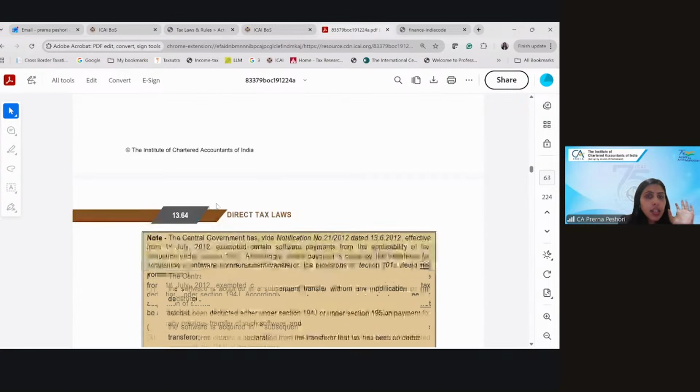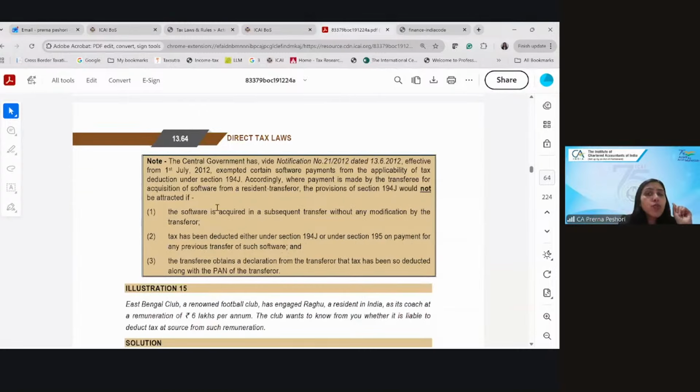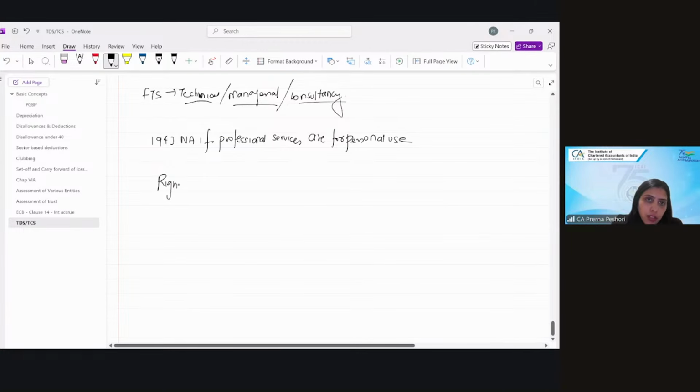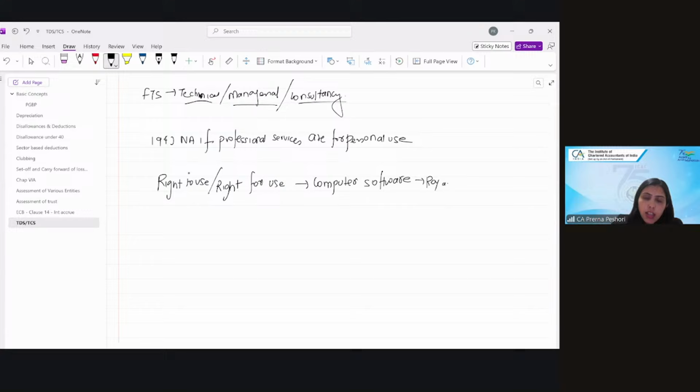Yes. However, the central government has issued a notification number 21/2012, which says that right to use or right for use of computer software is royalty, as per Explanation 4 to section 9(1)(vi).